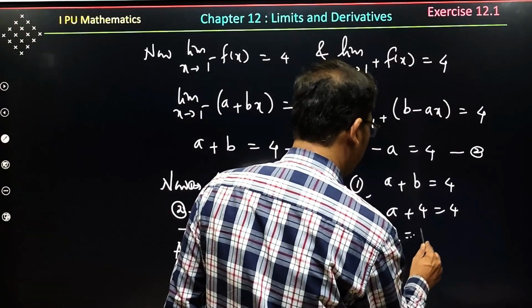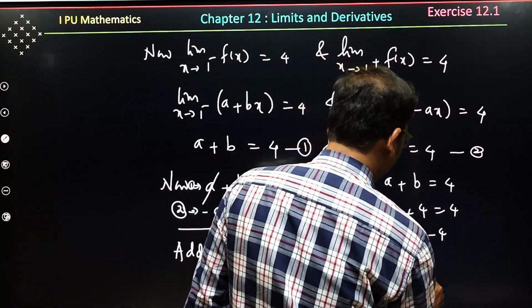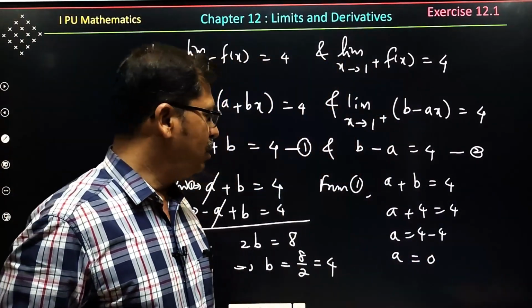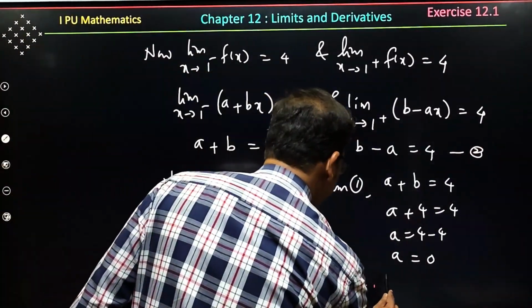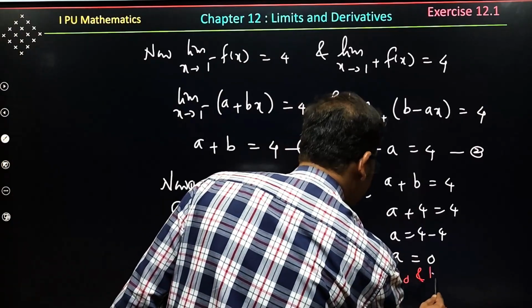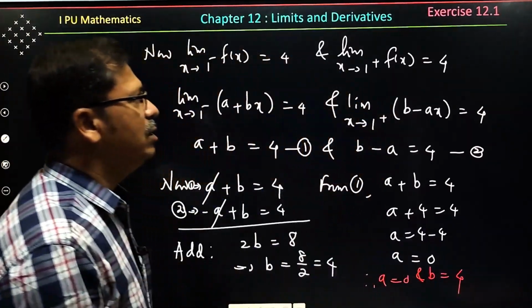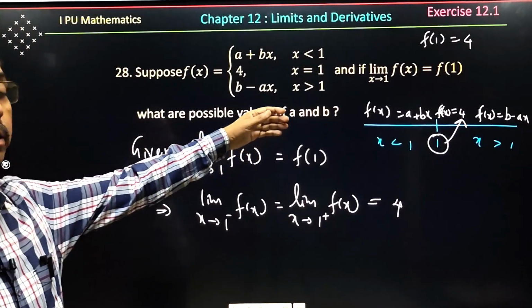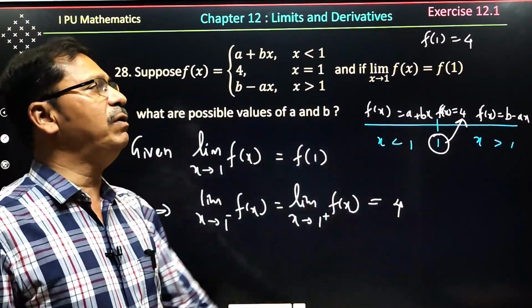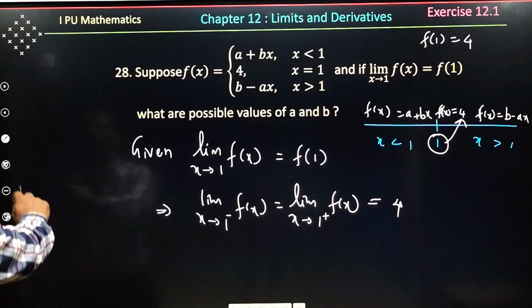So a equal to 4 minus 4, which is equal to 0 here. Got it? Therefore, the conclusion is, the answer is a is equal to 0 and b is equal to 4. This is the answer. The question is to find the values of a and b.